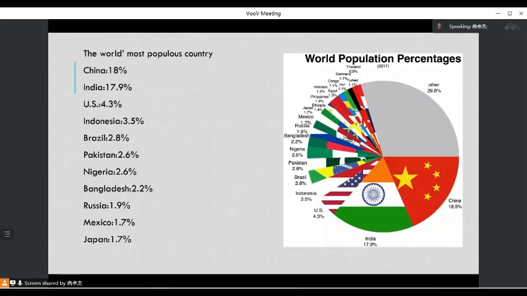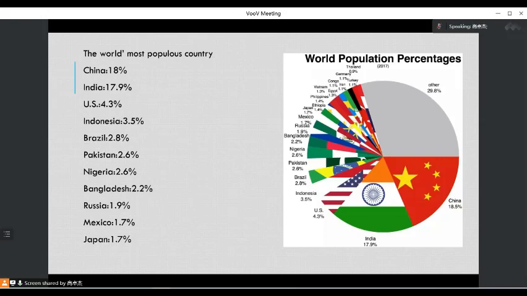Now, except for China and India, the proportion drops sharply in this picture. Like the United States, whose population only accounts for 4.3% of the world's total population.